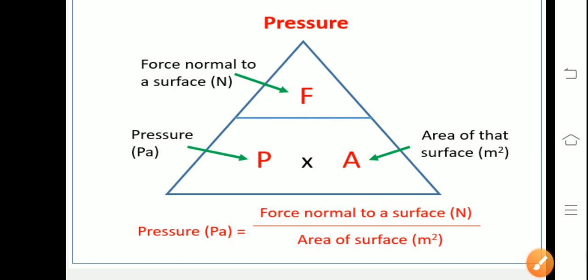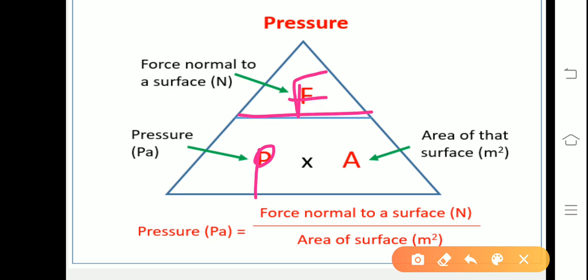Now let me give a shortcut trick to remember the formula. This is nothing but the triangle rule. By this you can get three formulas. For example, if you want P, pressure is equal to F by A. One formula is completed.